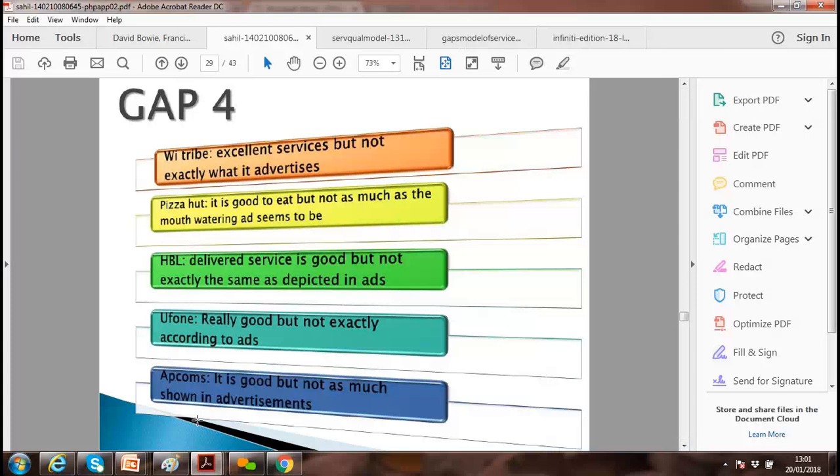HBL's delivery service is good, but not exactly the same as described in the ad. We said we will be there instantly, we will deliver you same day, but we did not say you have to order before 2 o'clock. So all these are gaps. The phone is really good, but not exactly according to the advertising. It's good, but not as much as shown in the advertising.